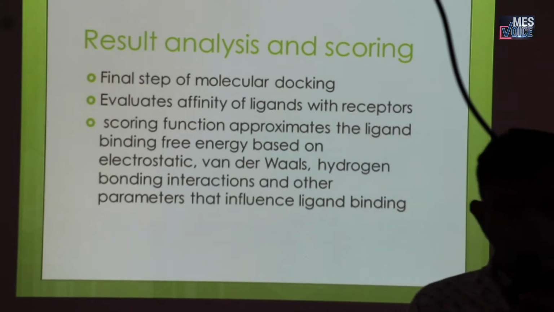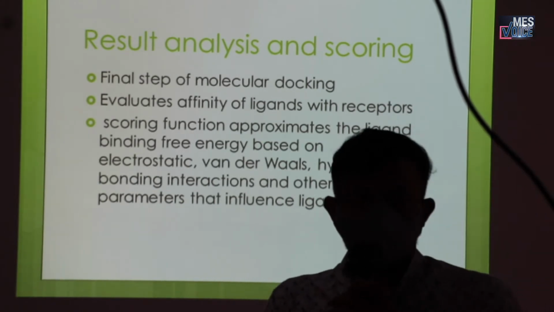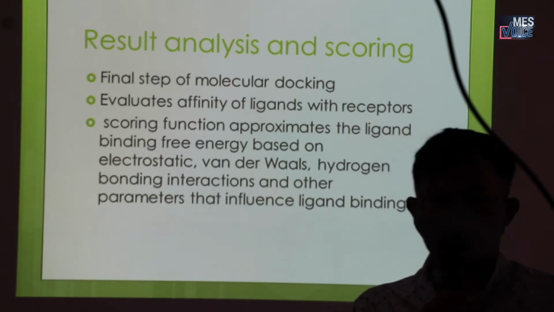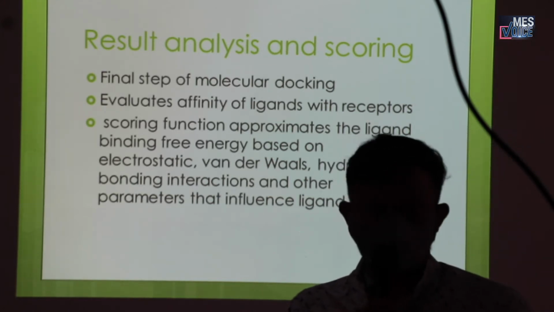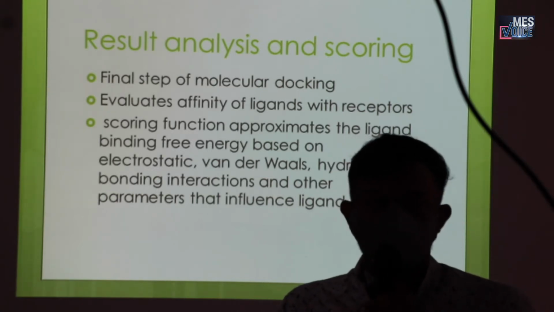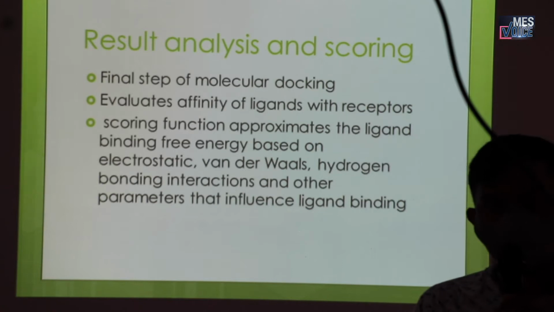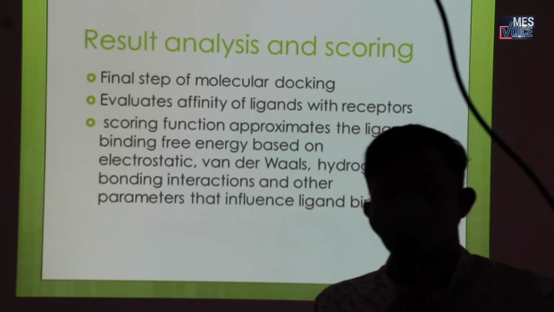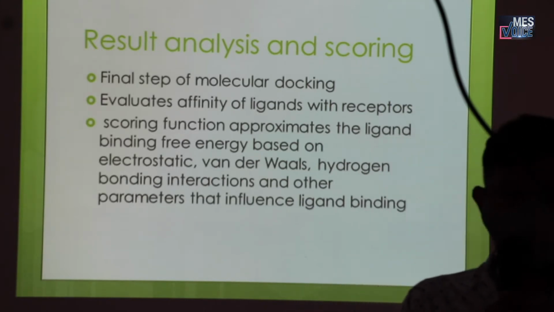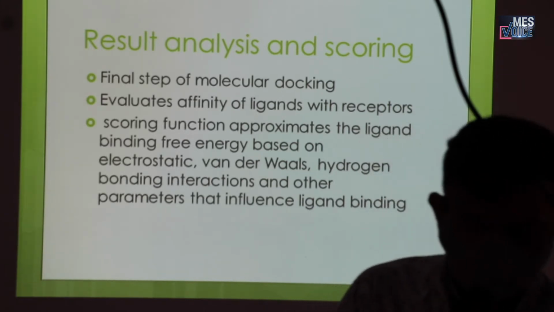Coming to result analysis, it evaluates the affinity between ligands with respect to the receptors. The scoring function approximates the ligand binding energy based on hydrogen bonding, van der Waals force, and other parameters that influence ligand binding.